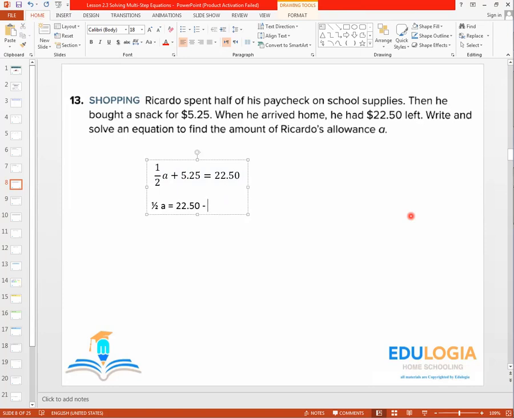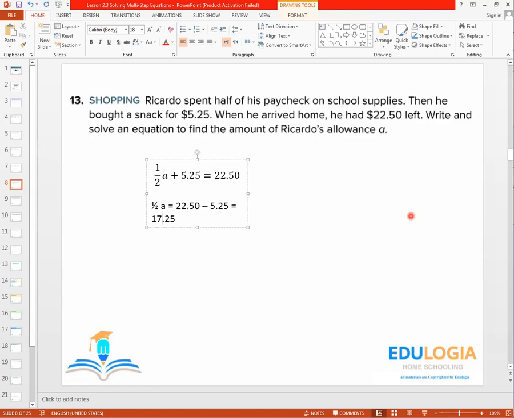Transfer it to right hand side, you will get 5.25. Making subtraction, 50 cents minus 25, it's 0.25. What about dollars? Dollars here, 22 minus 5, just 17.